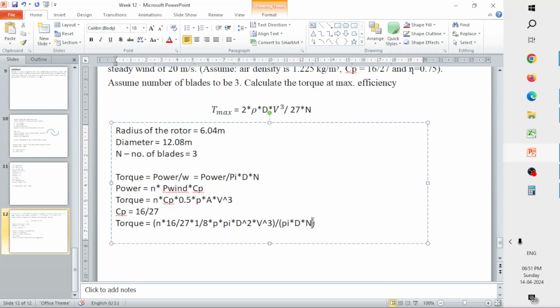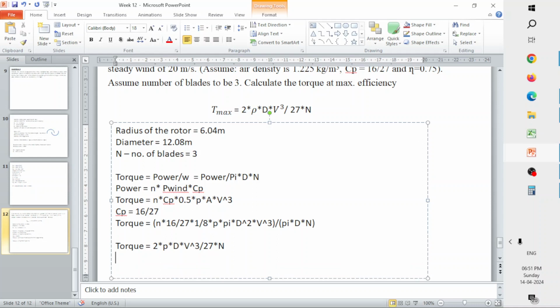That's how you obtain the formula. So torque will be 2 times rho times d times v cube, the whole divided by 27 times n.